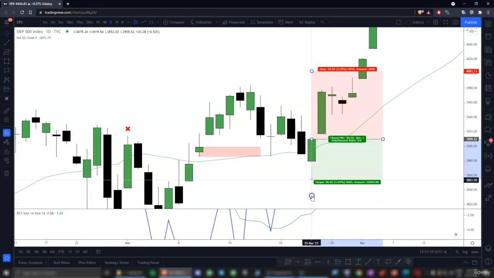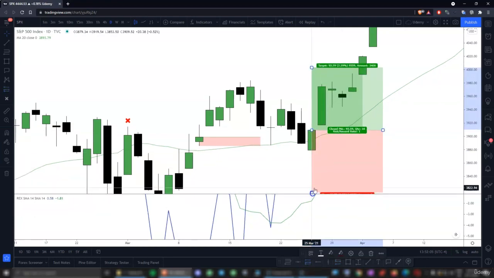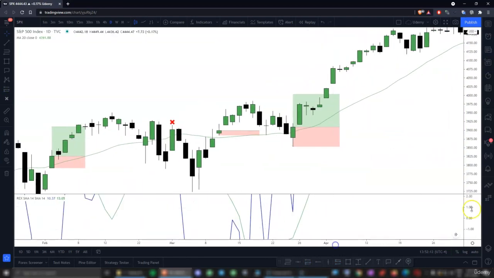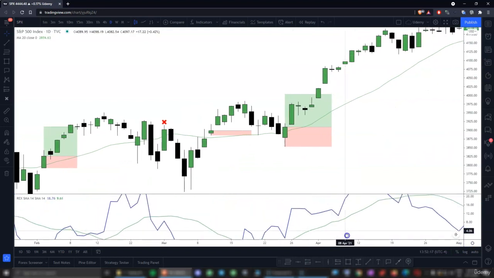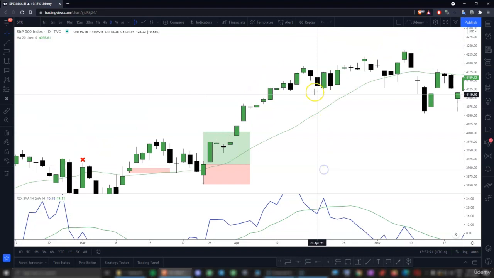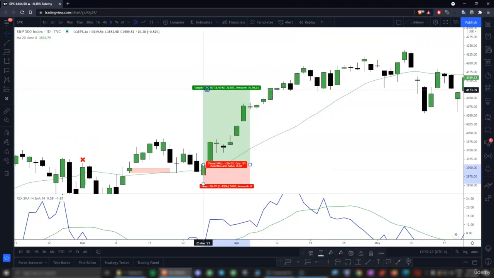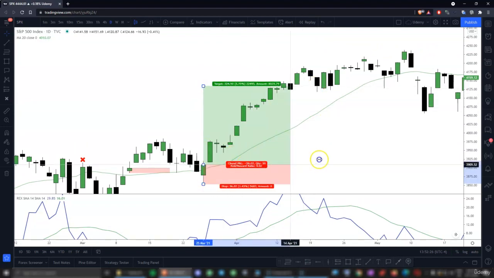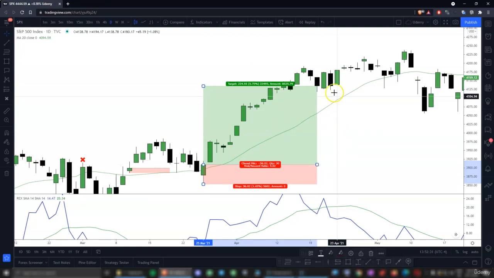We have a signal. And from the day of the signal, market goes up, and this day is going down. So the trade ends here. Still a nice trade.